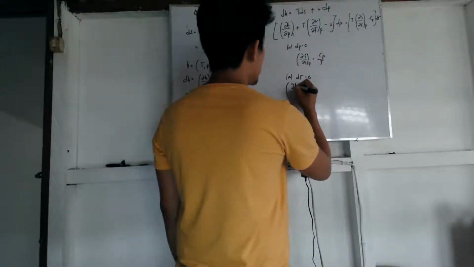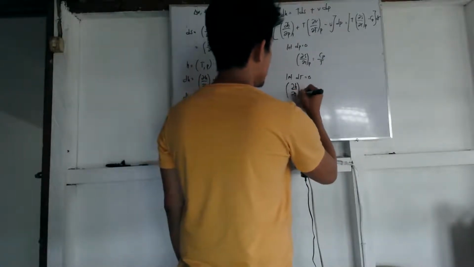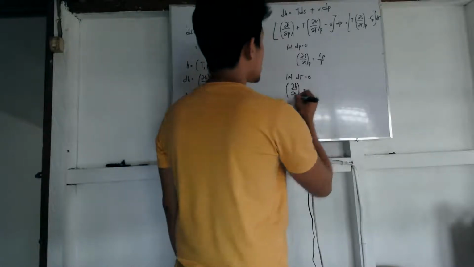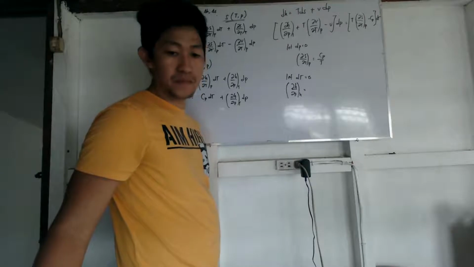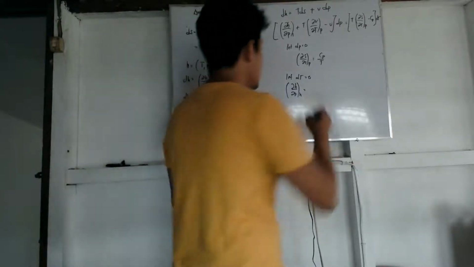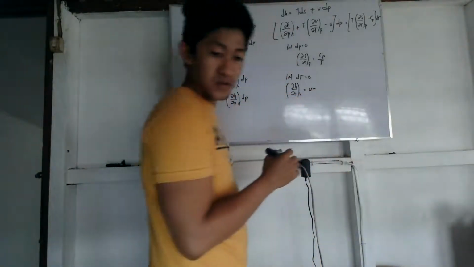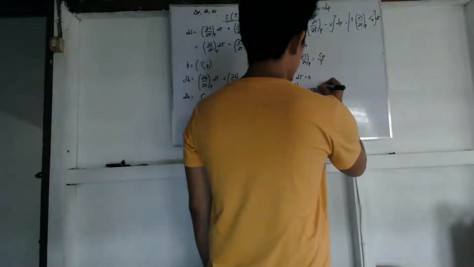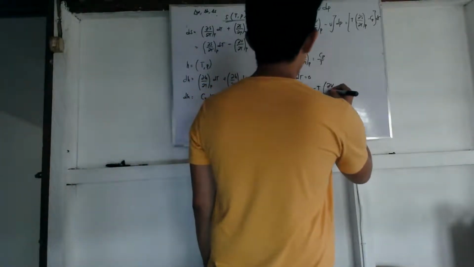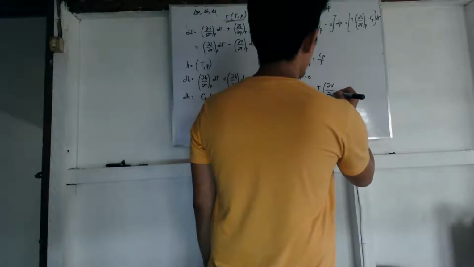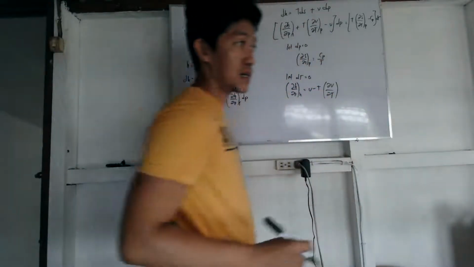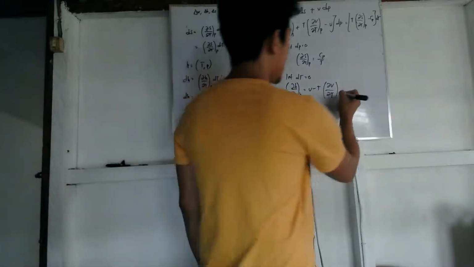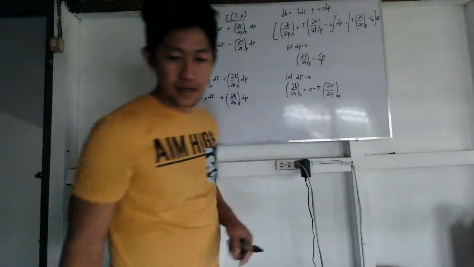You have partial of H with respect to P equal to V minus T partial of V with respect to T.